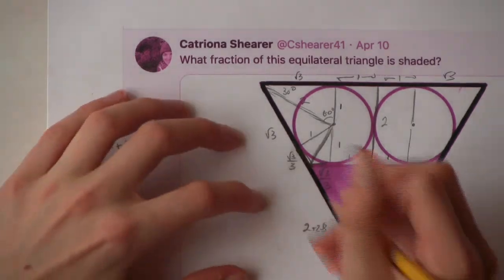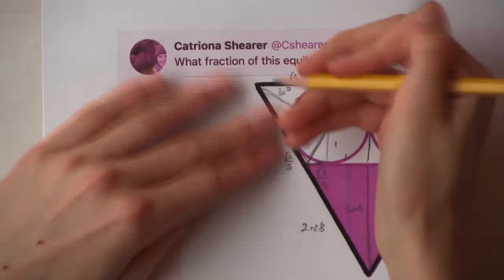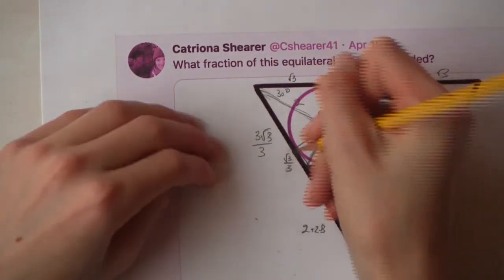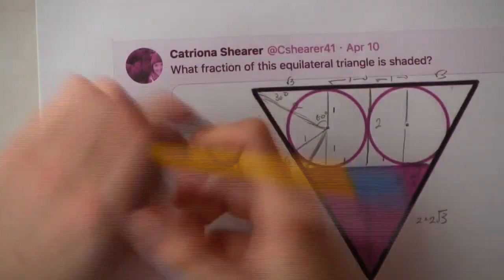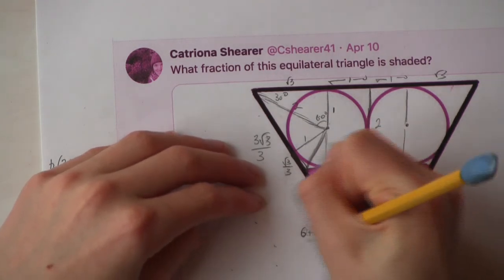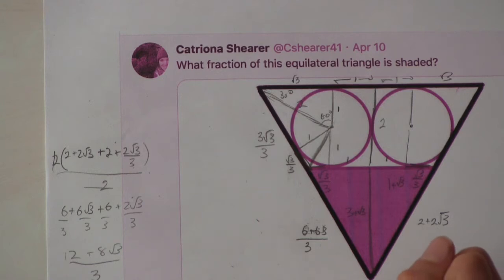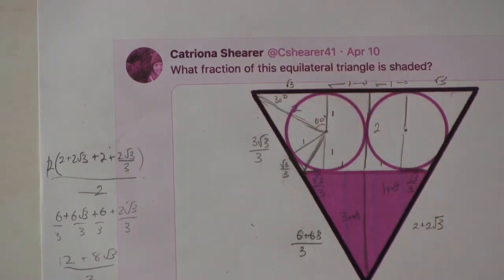To get a common denominator, we can multiply all these terms by 3 over 3, and this becomes 6 plus 6 root 3 over 3. Actually, we didn't really need to do that because we already know what the base is.